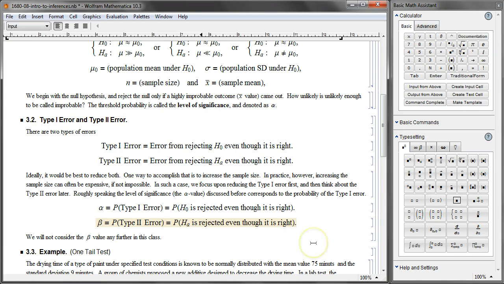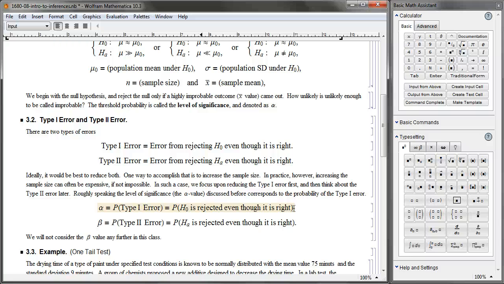Versus beta, which is the probability of type 2 error, the probability that we're rejecting HA even though it is right. Because beta is very difficult to find out and in many cases pointless, we just try to minimize alpha. So that's what the level of significance is all about.